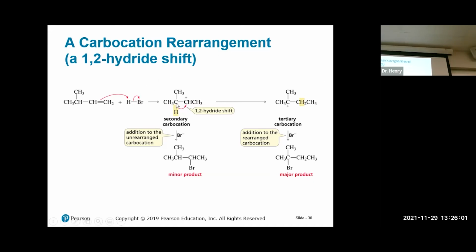So we'll get a shift of that hydride being shifted over to this one. So then this one becomes positively charged. That one becomes neutral.